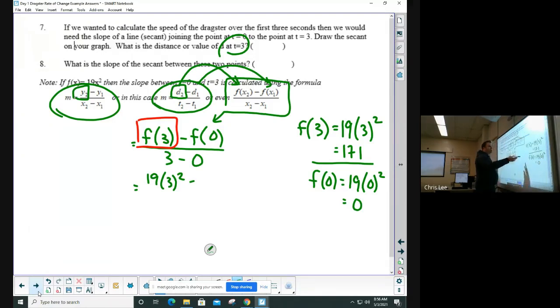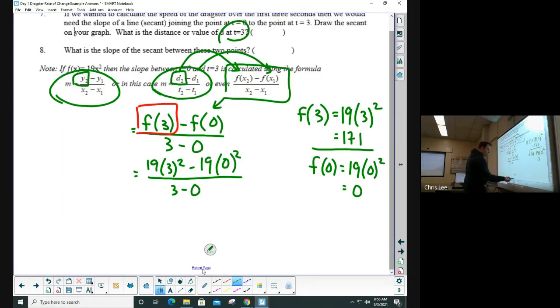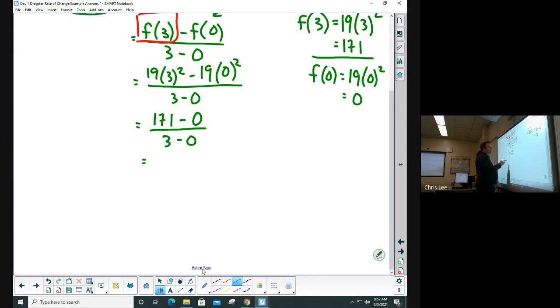But that could be calculated off to the side or actually within the slope formula. If you calculated it within the slope formula, it would look like this, but of course I know that 3 squared is 9, times 19 is 171, the 0, and 3 minus 0. And of course, 171 divided by 3 is 57.